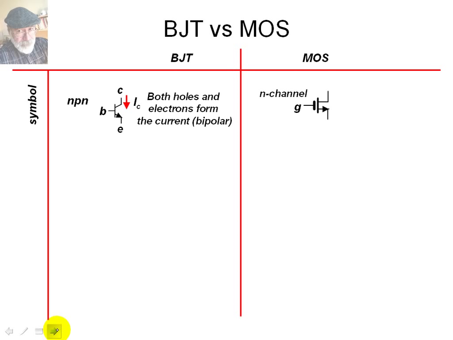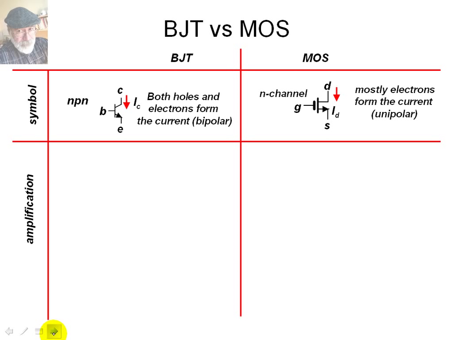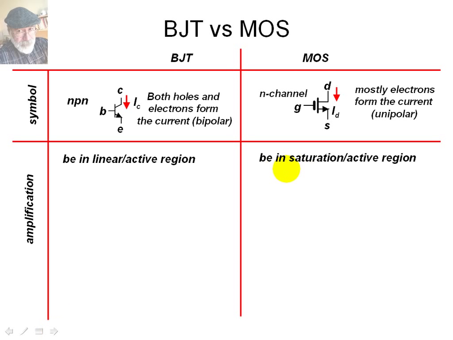The terminals are the gate, the source, and the drain, and the current of the output is the drain current. The current is formed mostly in this transistor by electrons, so we call this a unipolar transistor. When we use them both for amplification, the BJT has to be in its linear or active region. The MOSFET has to be in its saturation or active region.